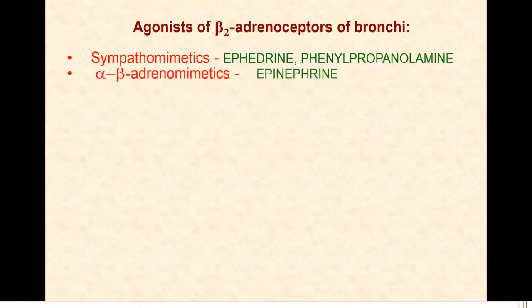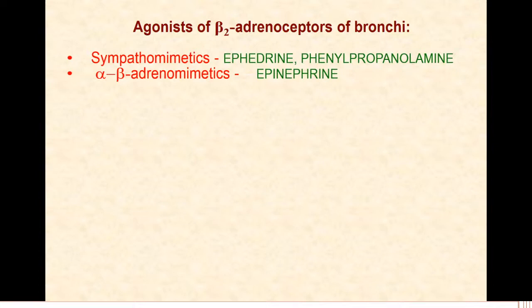Second subgroup, alpha-beta adrenomimetics, epinephrine. This is a preparation of adrenaline. Adrenaline belongs to alpha-beta adrenomimetics. It means the agent stimulates both alpha and beta adrenoceptors.